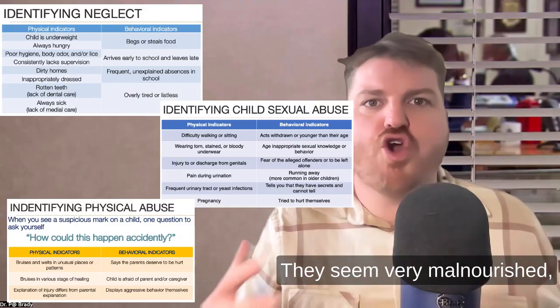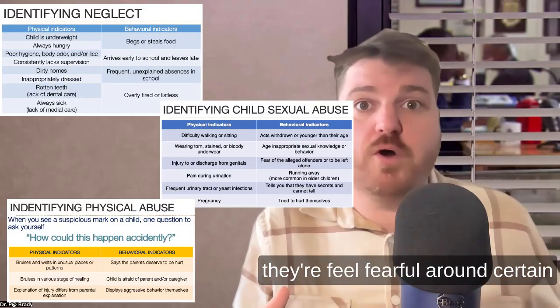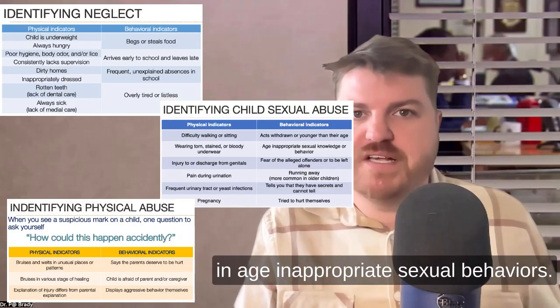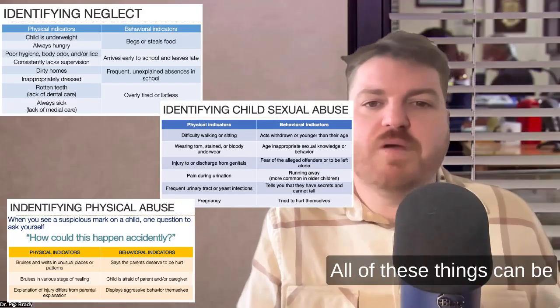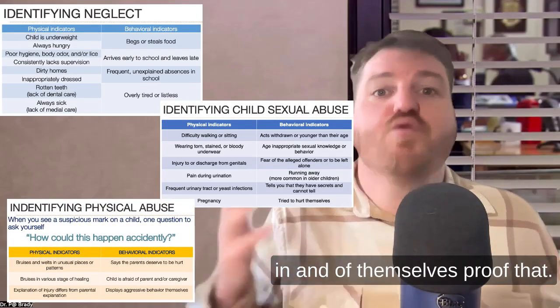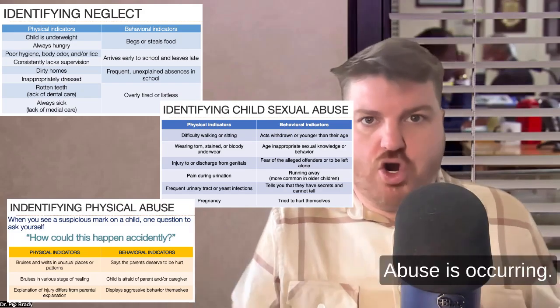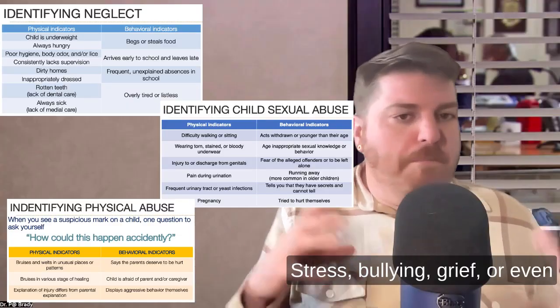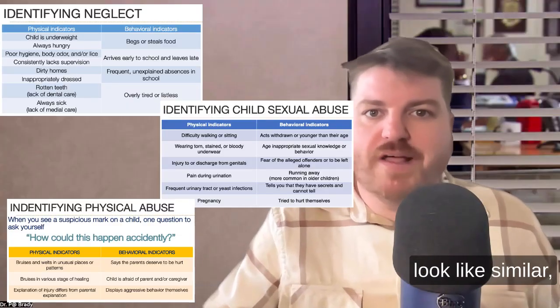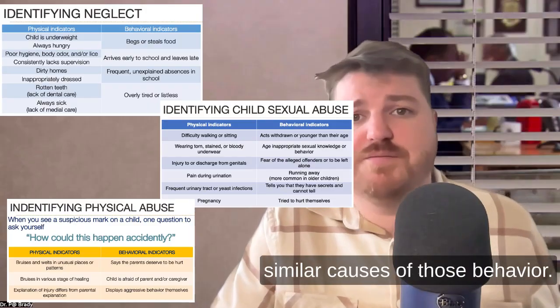They seem very malnourished, they're fearful around certain individuals, or they're engaging in age inappropriate sexual behaviors. All of these things can be warning signs, but are not necessarily in and of themselves proof that abuse is occurring. Stress, bullying, grief, or even mental health challenges can also look like similar causes of those behaviors.